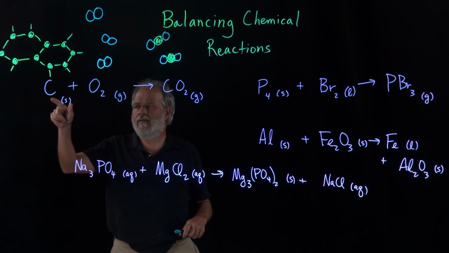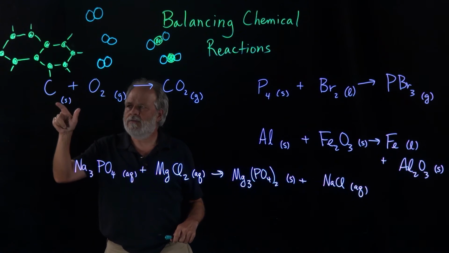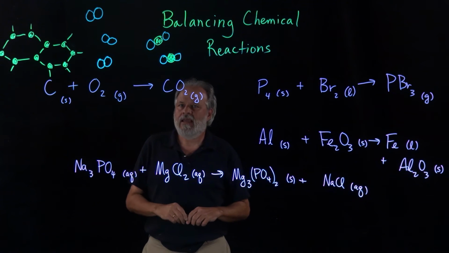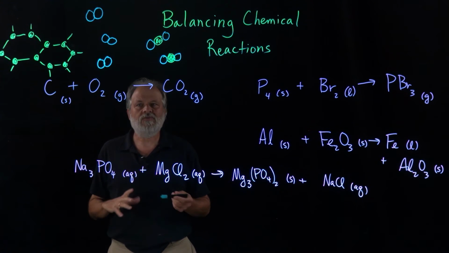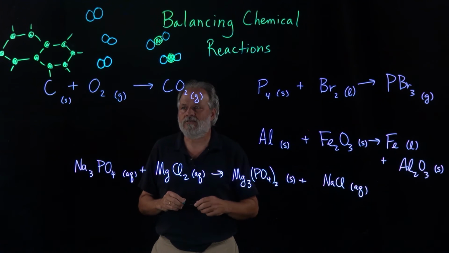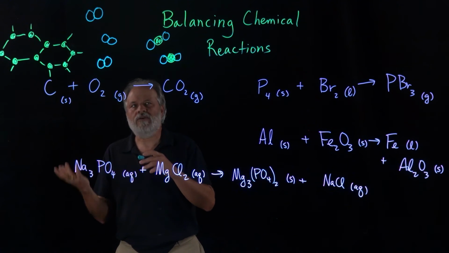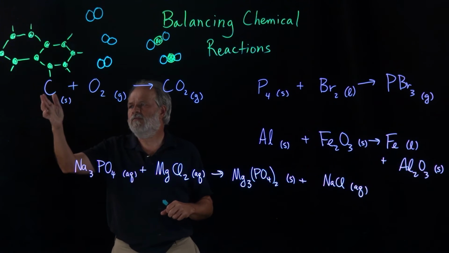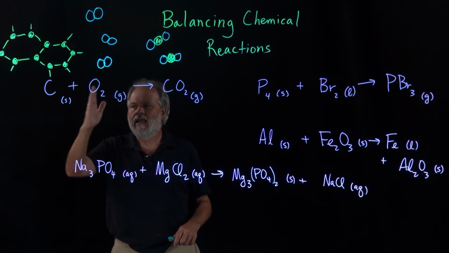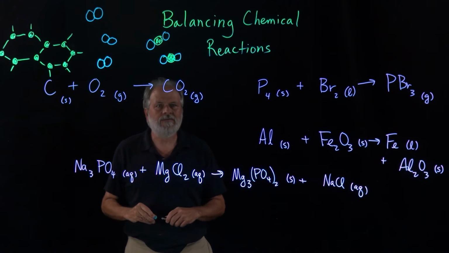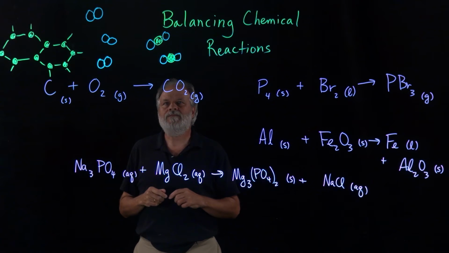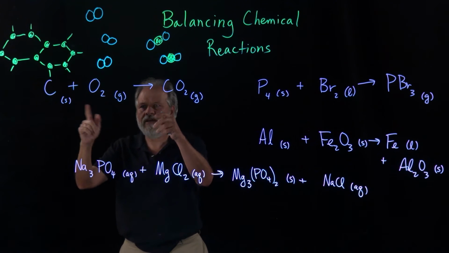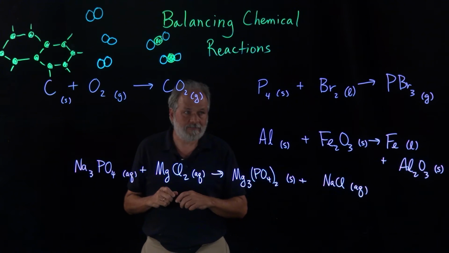Not only that, but for every carbon you burn, you combine it with two oxygen atoms, and you get CO2. That's assuming a lot of things like complete combustion and so on, but you can see that the number ratio is 2 to 1 for carbon and oxygen atoms, but it's 1 to 1 for the solid and the diatomic molecule. We have the same number of atoms of carbon on both sides and the same number of oxygens on both sides.